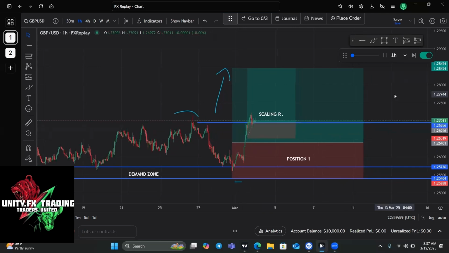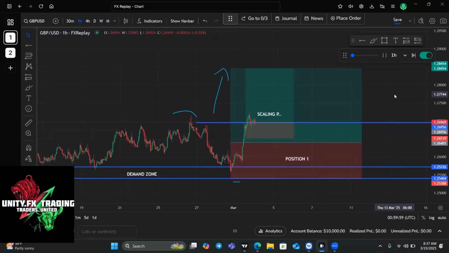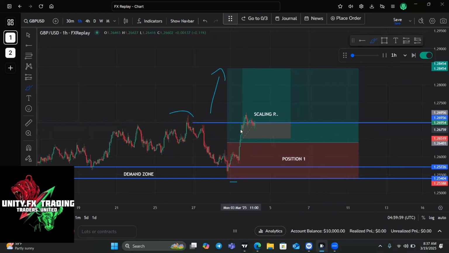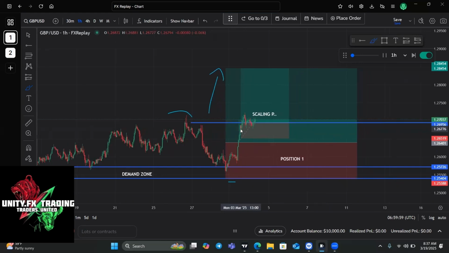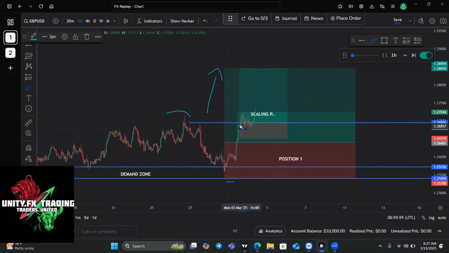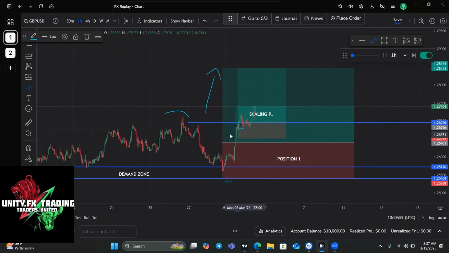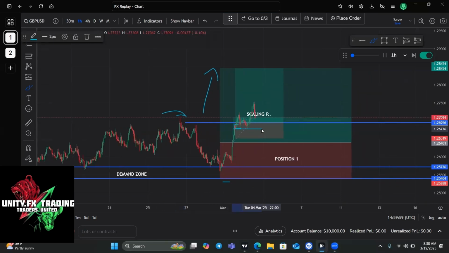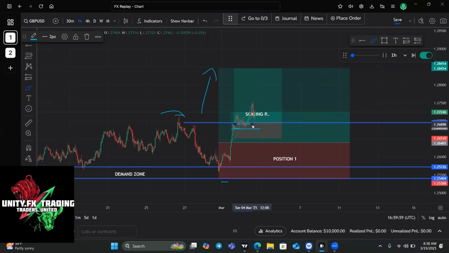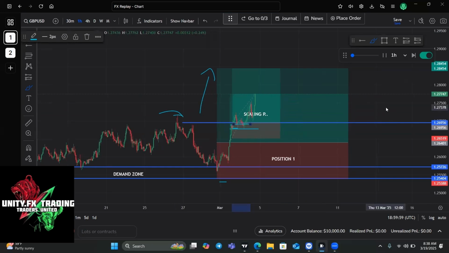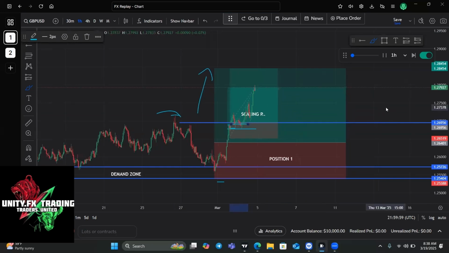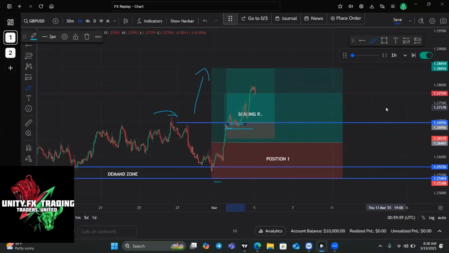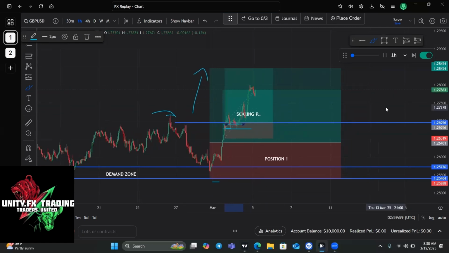So yeah, guys, as you can see, as the market is moving here, it's creating a demand zone here. This is the demand zone that broke the structure. So we are looking for this demand zone to hold, and then wait for our entry to go for the take profit. So guys, yeah, this is how we executed this trade here.